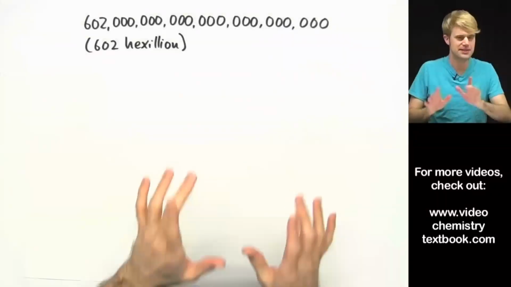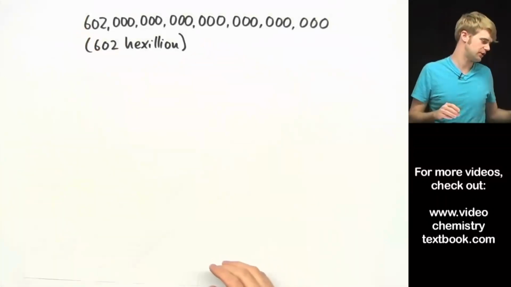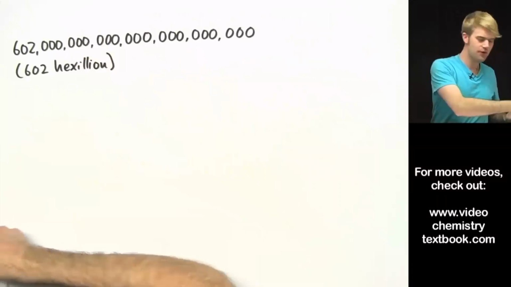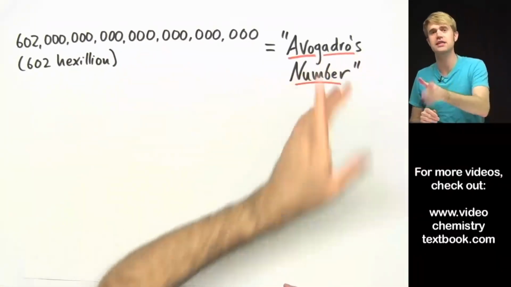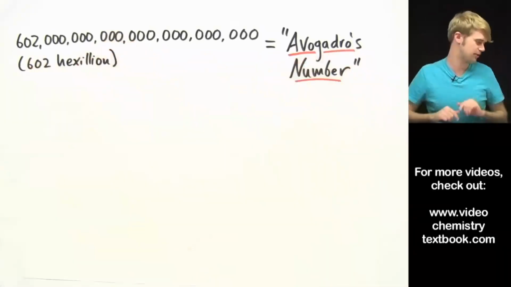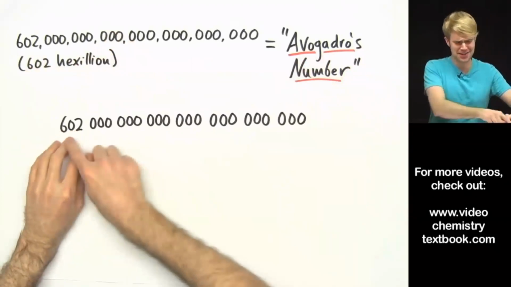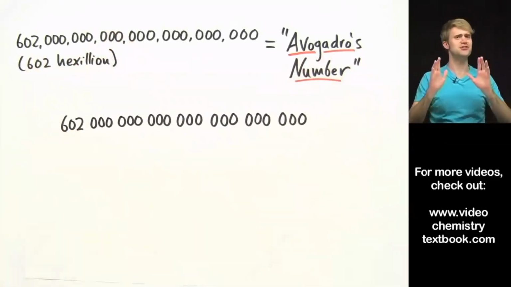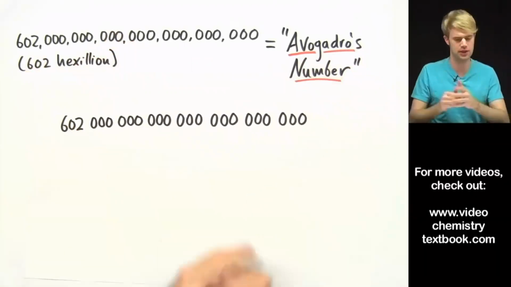Now let's talk a little bit about this actual number, 602 hexillion. This number is often referred to as Avogadro's number in honor of the Italian scientist who discovered it. But now, check this out, right? 602 hexillion. This is a gigantic number. 602 with 21 zeros.